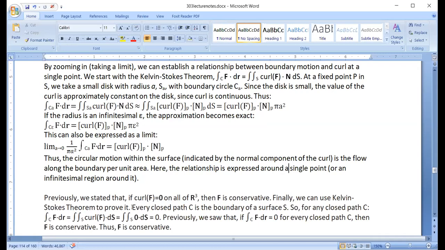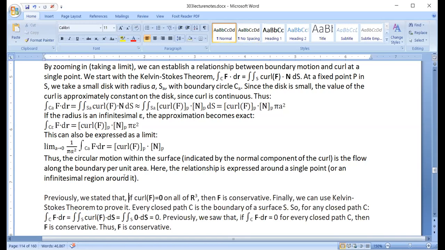Therefore, for any closed path C, using Kelvin-Stokes theorem, the line integral around C of f dot dr equals the double integral over the surface, for which it's a boundary, of the curl of f dot dS. But we're given that curl of f equals 0. So that's just the double integral of 0 vector dot dS, which of course has to be 0.